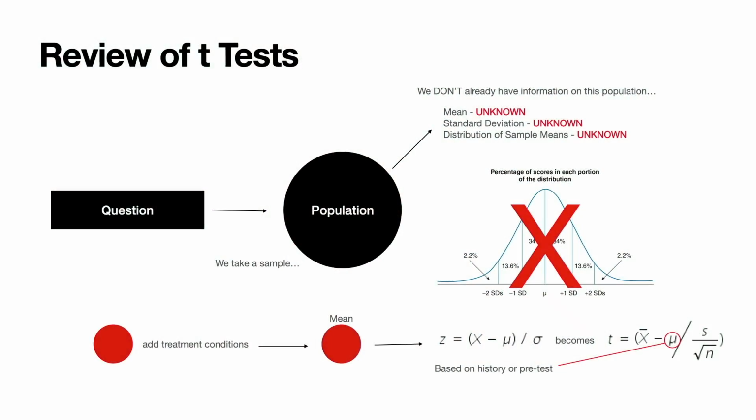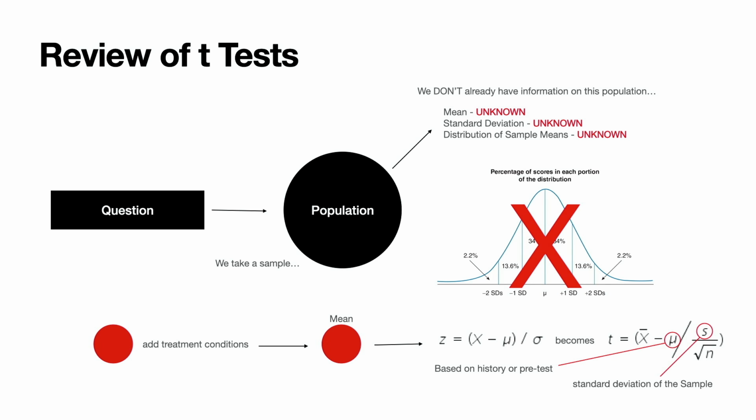So back to the formula, we have that population mean being guesstimated, and in addition to that, the standard deviation of the sample is used, in a fraction with the square root of n, the number of people you sampled.